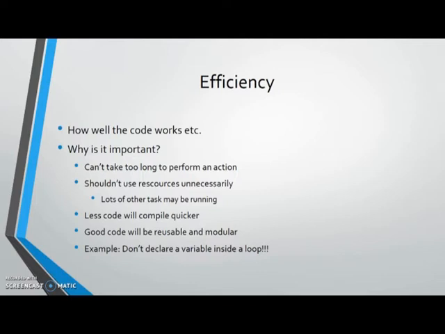If, however, you declare a variable inside a loop, that is actually creating or assigning an area of memory every time the code loops. It's going to create another area of memory. Another location is going to be allocated to store that value.